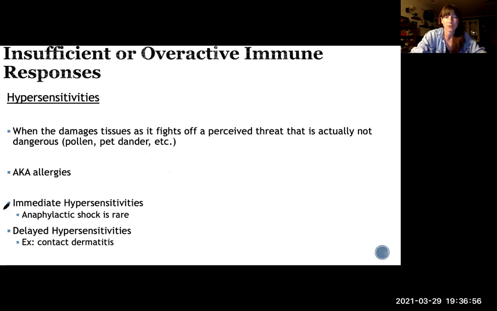You have two different subgroups of this. You have immediate hypersensitivities, which are basically your normal respiratory allergies, and foodborne or food allergies. Anaphylactic shock is basically a systemic response to usually a food allergy, maybe sometimes a bee sting or something.